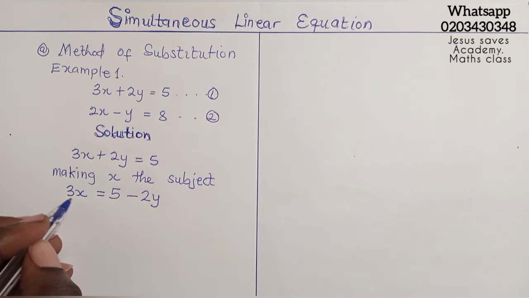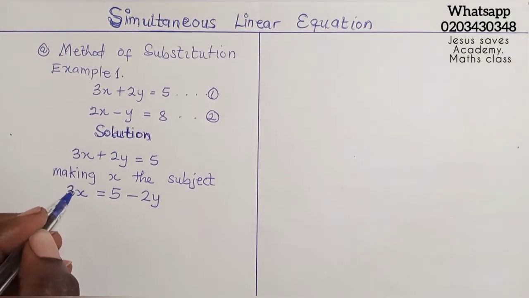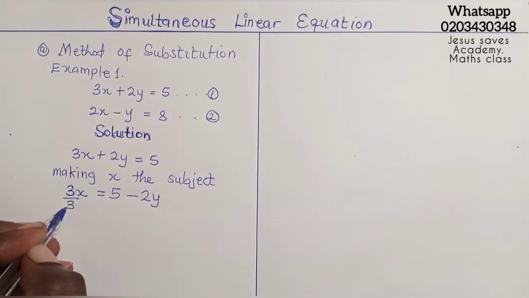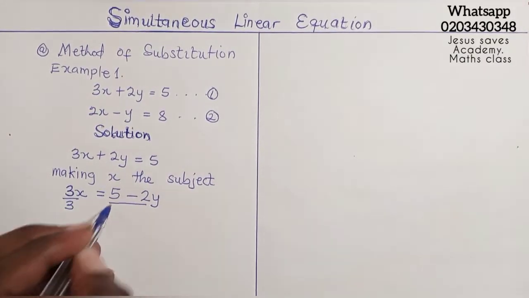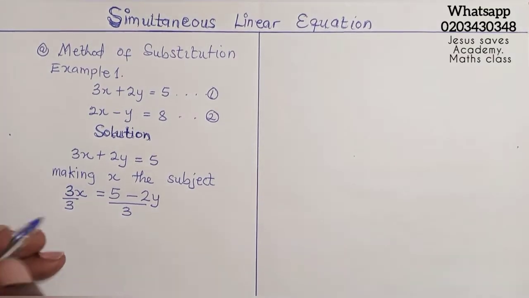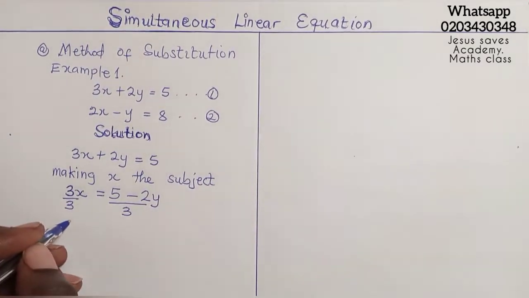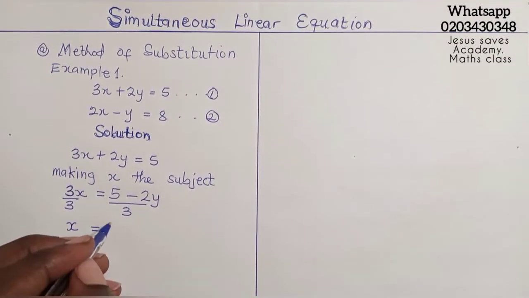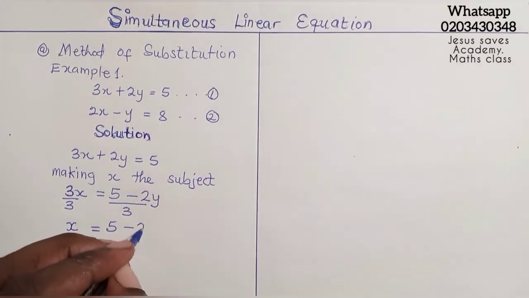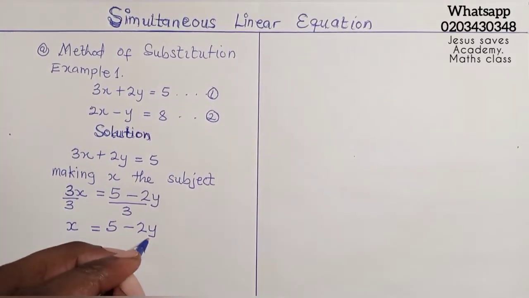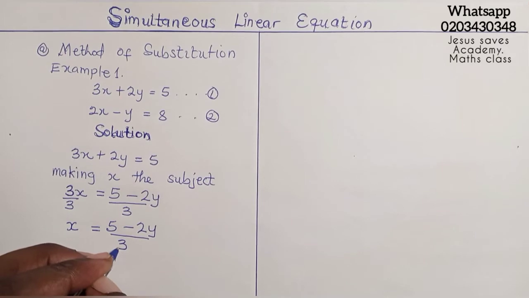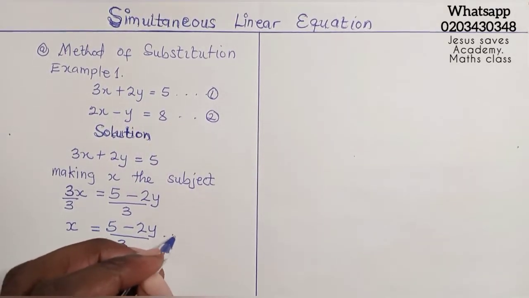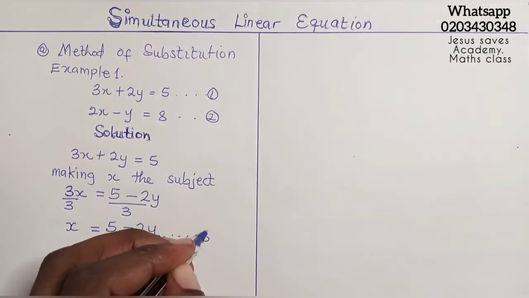Then x has a coefficient of 3, so we divide both sides by 3. So these 3 will cancel and we are left with x equals 5 minus 2y all over 3. You label this one equation 3.